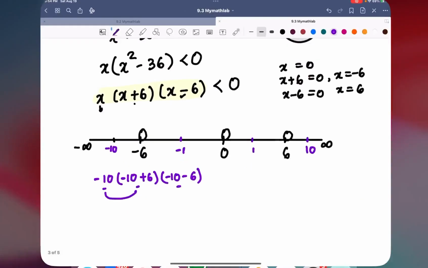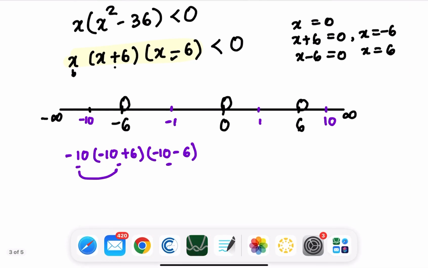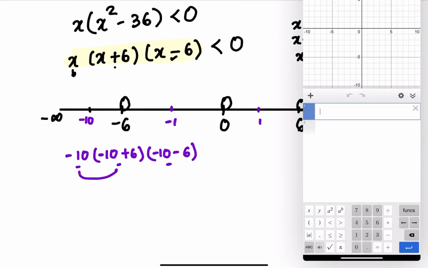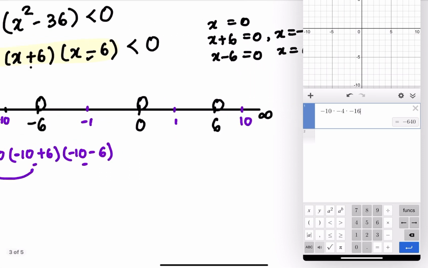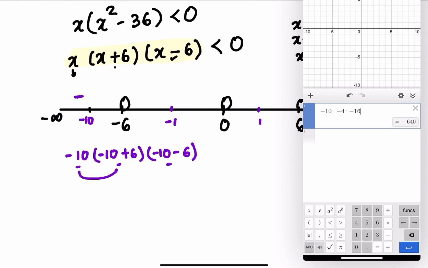Actually, let me open both of them so you can see. So this is negative 10 times negative 10 plus 6, which is negative 4, times negative 16. So you see, I get a negative answer. So this is going to be negative.